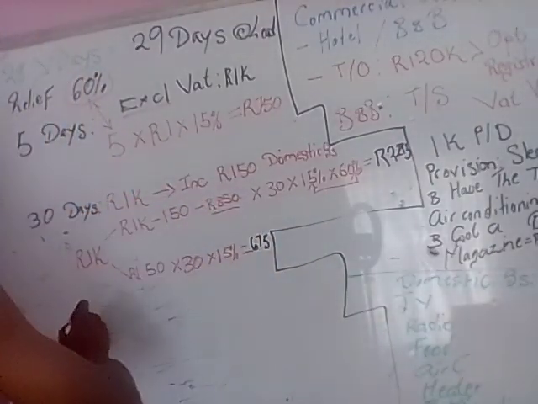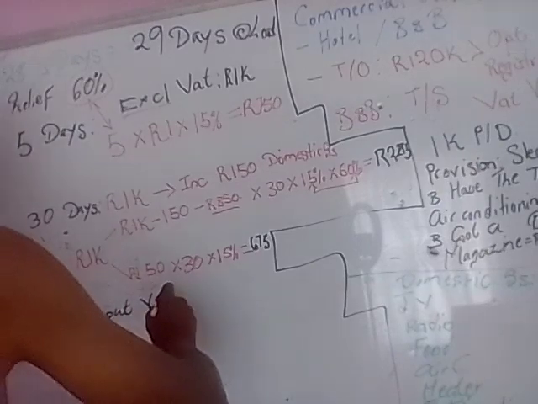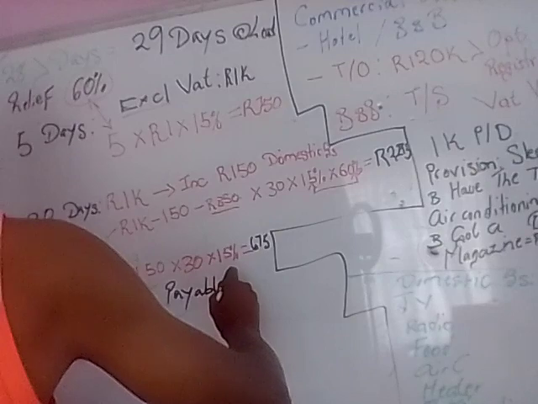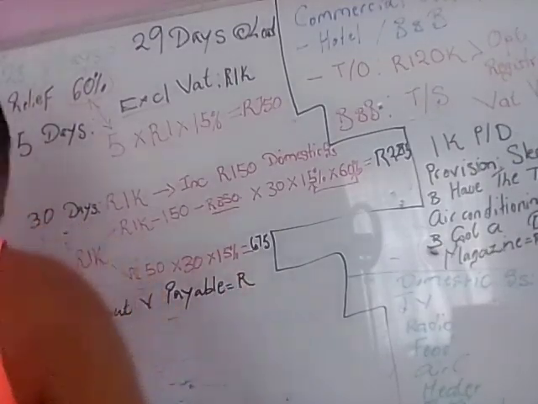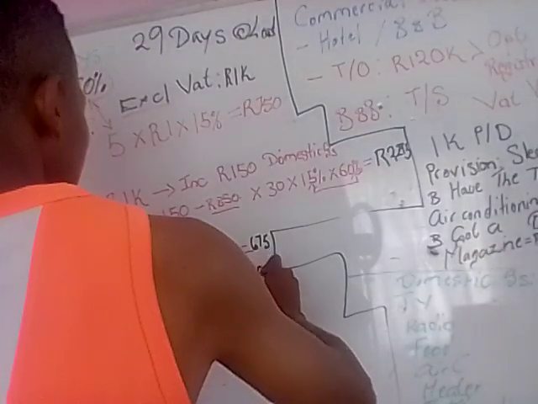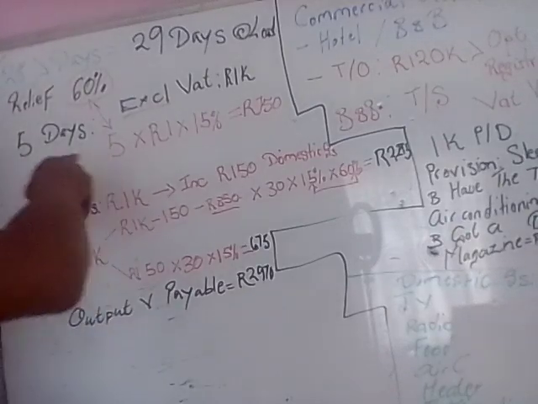Therefore, the output VAT payable would equal 675 plus 2,295, which equals 2,970. That's what we must be very cautious about when dealing with commercial accommodation and the 60% relief kicks in.